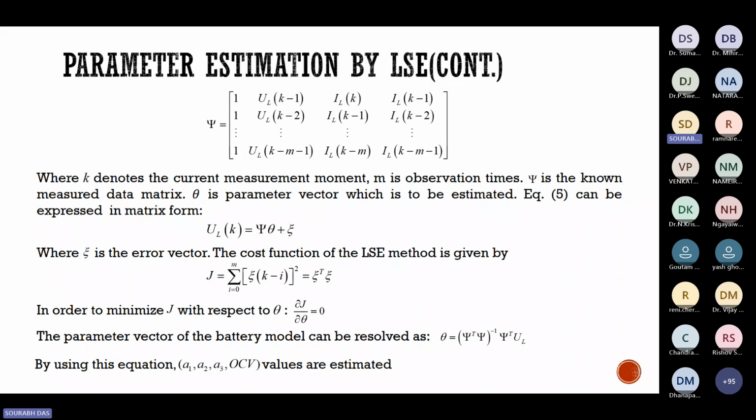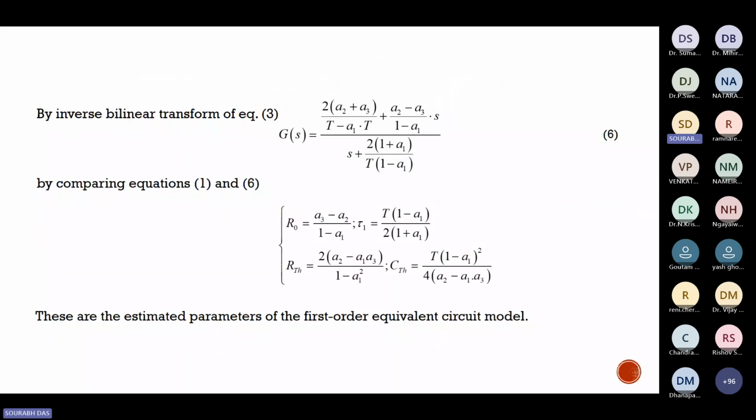So here we can see that the parameter vector can be represented by all the known values. By this equation, we can get A1, A2, A3, and OCV value. Again, if we take the inverse bilinear transform of G(z), then we can get G(s) in the form of all the unknown parameters that we have estimated using the LSE method.